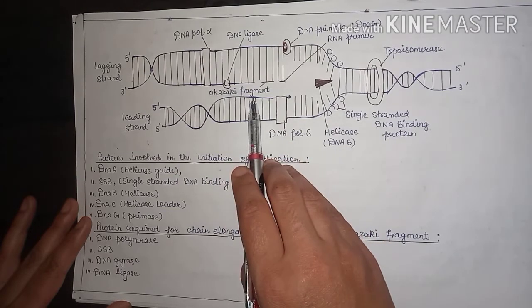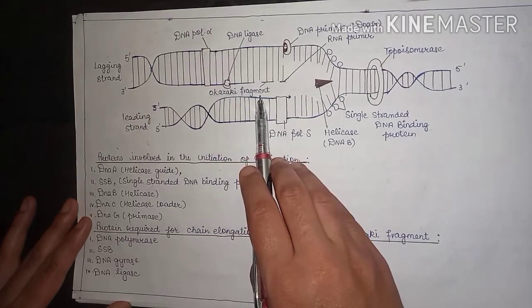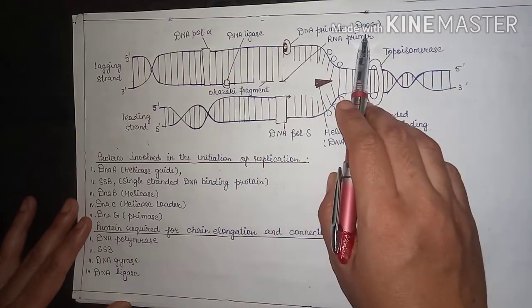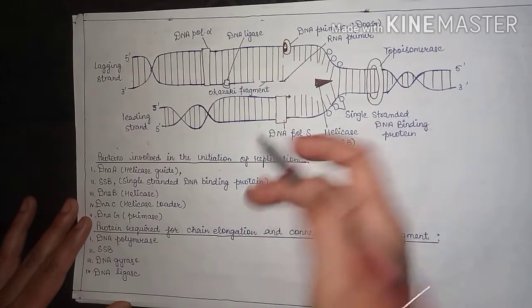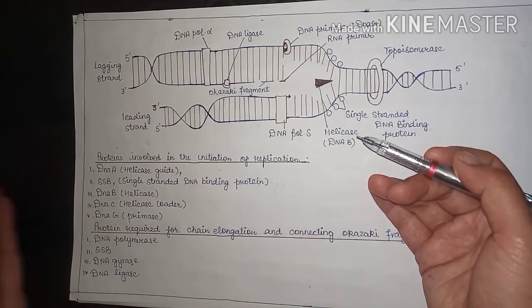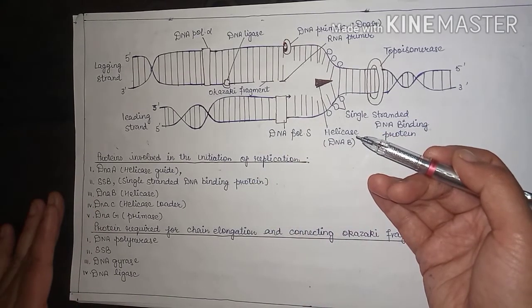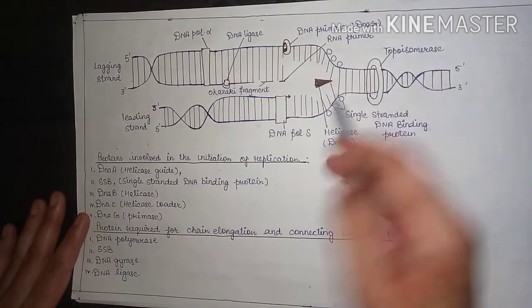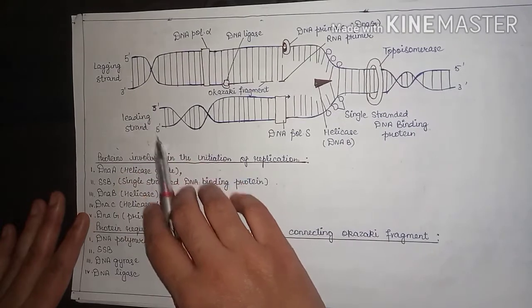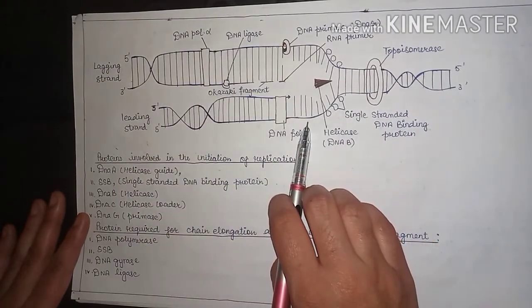But for the replication to proceed, it needs an RNA primer, right? Something is needed to start the replication, and that something is known as RNA primer.